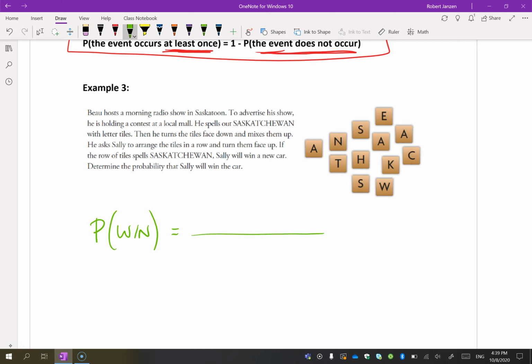Well, first of all, we need to know how many ways can you pick out or arrange those letters. Okay, this is the possible outcomes for probability. Now in this case, what do I mean by possible outcomes? This is the number of ways to turn over the letters.